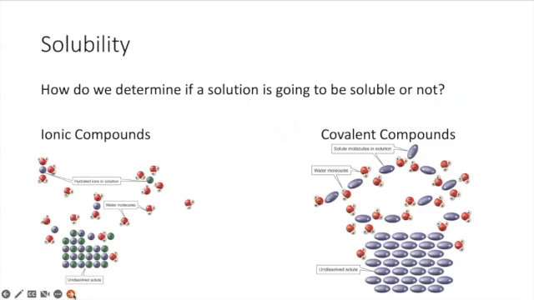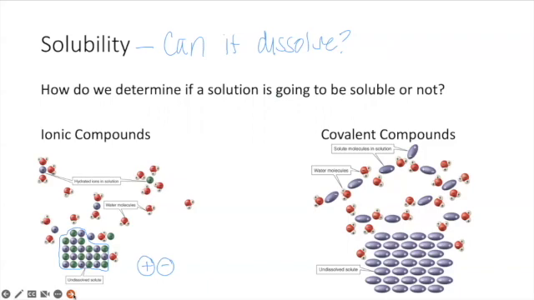Solubility is basically determining, can it dissolve? Previously we talked about ionic compounds and covalent compounds. Ionic compounds ended up creating really strong attractions between ions. They transferred electrons and became these really strong positives and negatives.